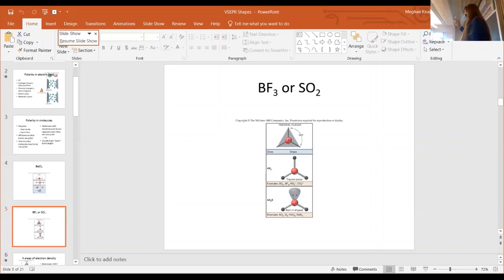Okay, so this shape kind of looks like a triangle, and it's all in one plane. So we're going to call this trigonal planar. And a good example of that would be, oh, what did I use last time?